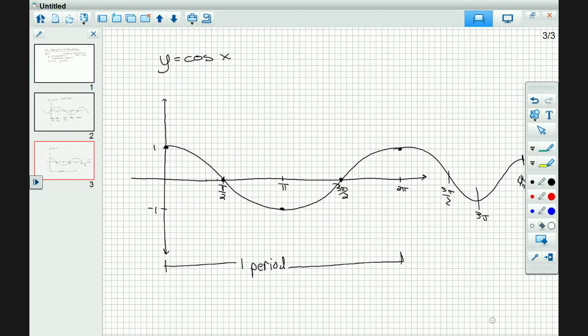That's 2 cycles. So you just got to figure out mentally where that's going to sit.